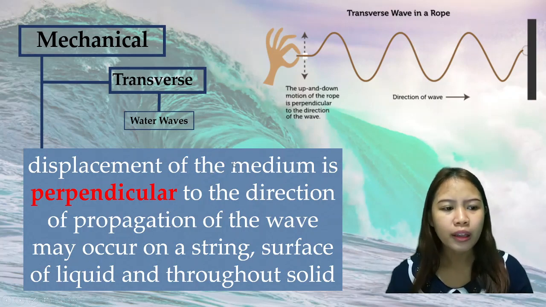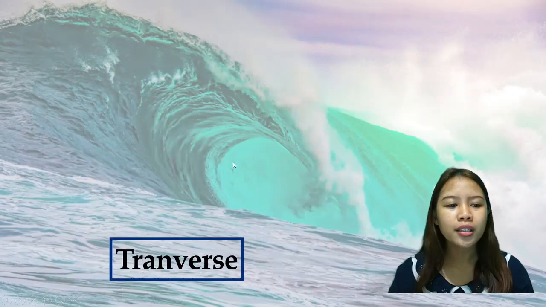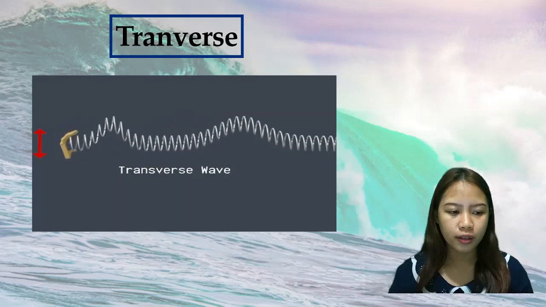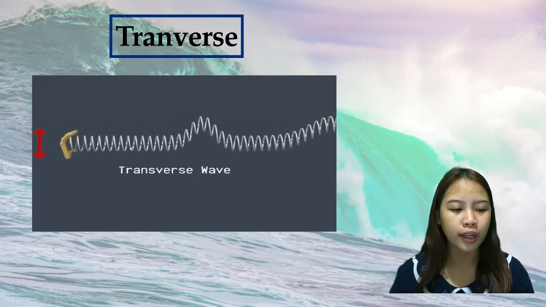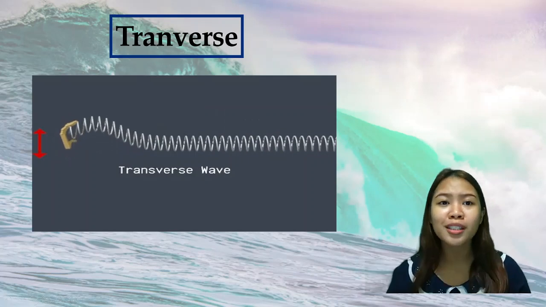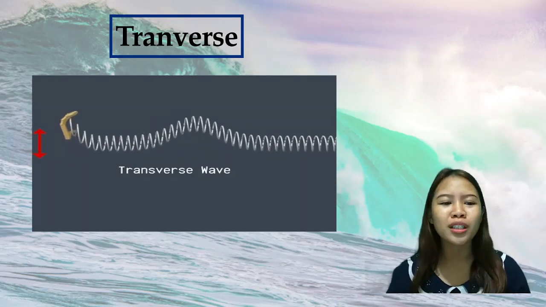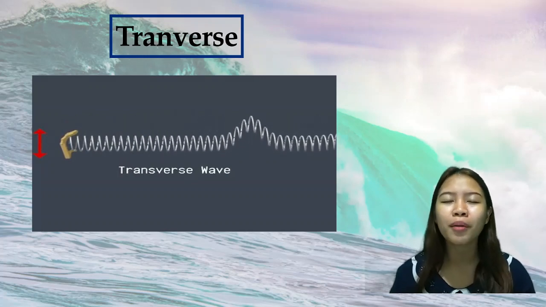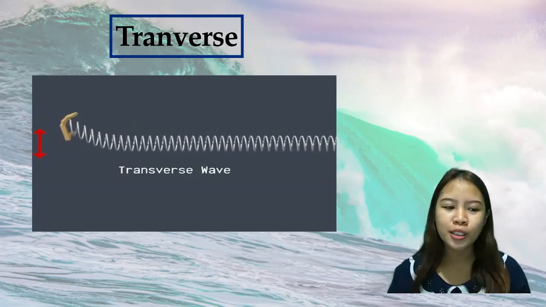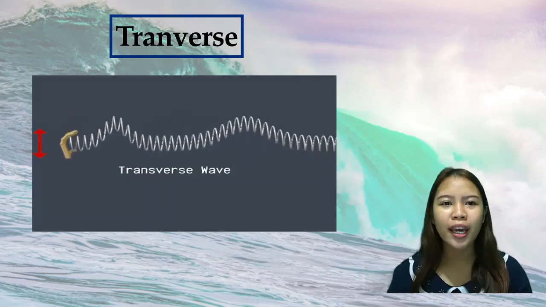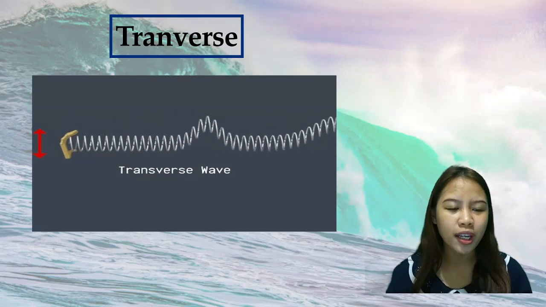Okay. Now, I have here an illustration of a transverse wave. This is what a transverse wave looks like. So, to help you remember what a transverse wave is, I will use some terms so that you can remember transverse. And I hope you can use them.